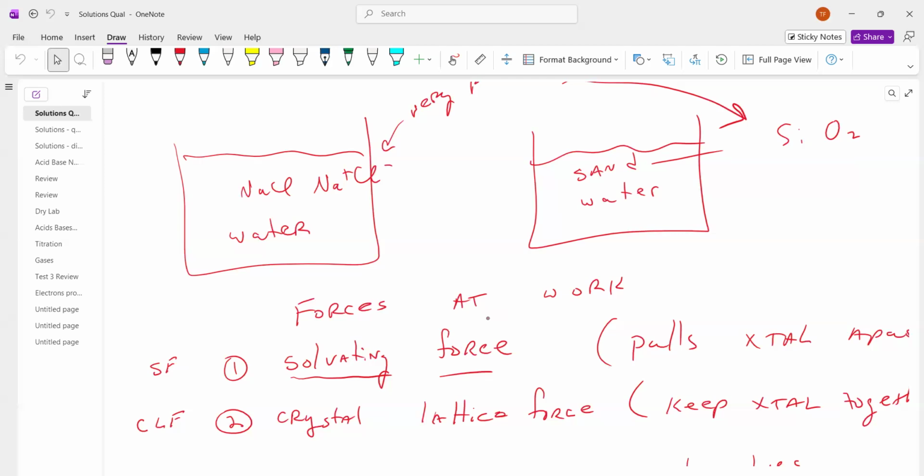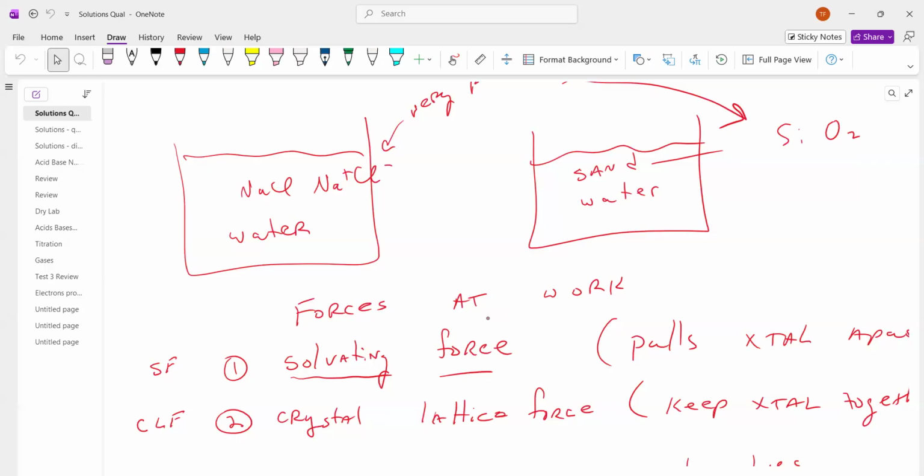But okay, on the right, sand and water. What's the solvent? The water. What's a solute? Sand, yeah. What's the difference between these two?